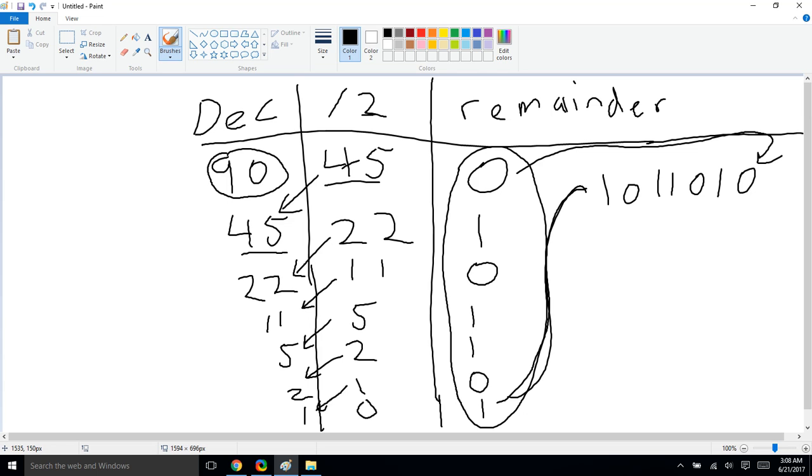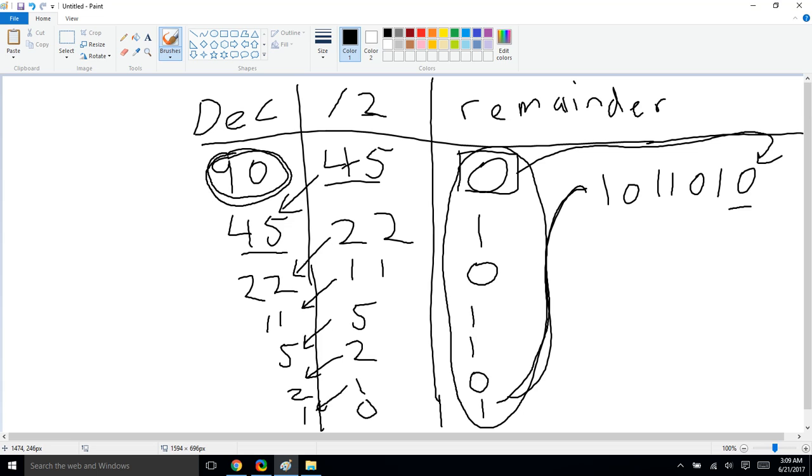And you can see that where I started was at 90, and the first thing I wrote down was the remainder if you divide by 2. That's a 0. 90 is an even number, and it does turn out that in binary, any even number does have a 0 there.